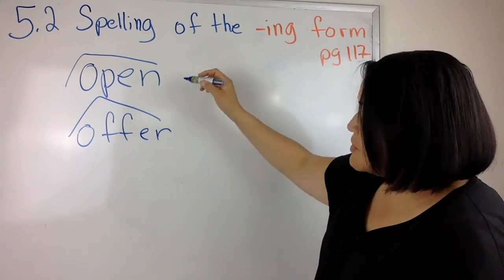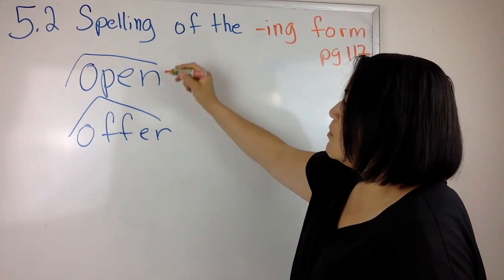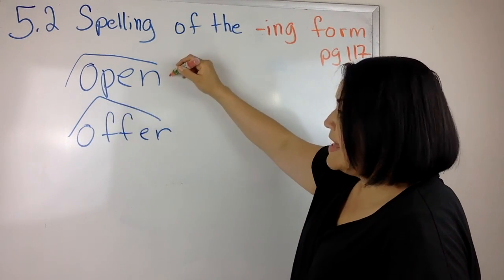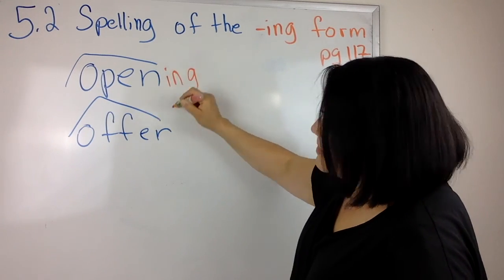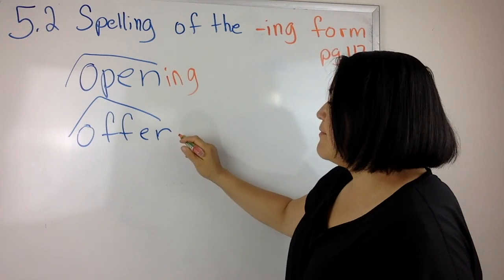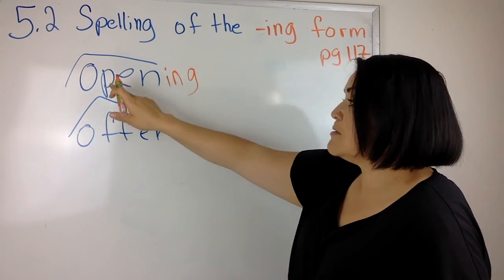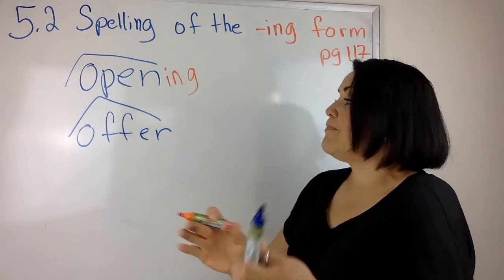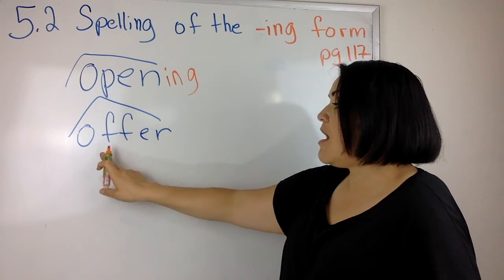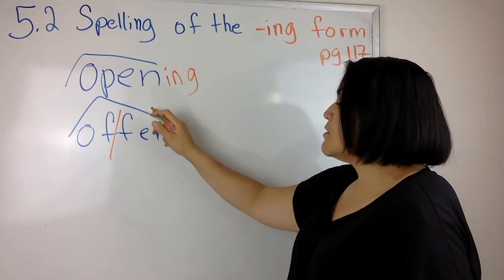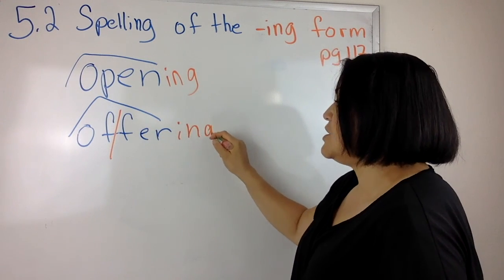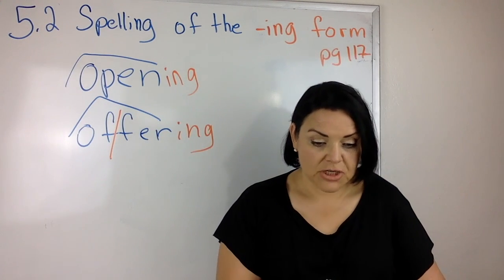So this one you're just going to add ing. Open, offer. This is two syllables. Open, one, two, ing. Offer, this one goes down. You just add ing. Offering.